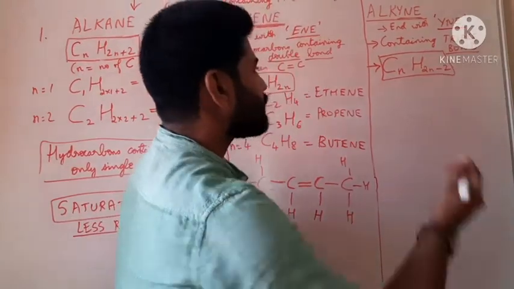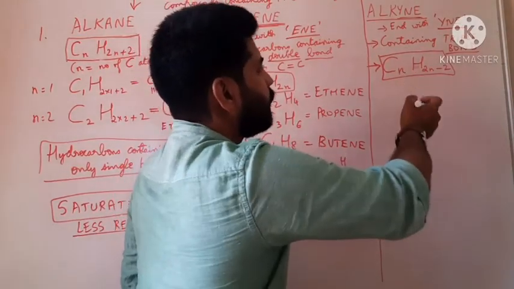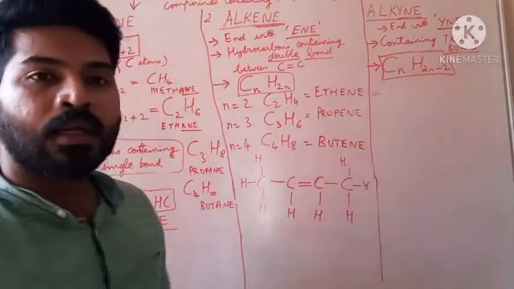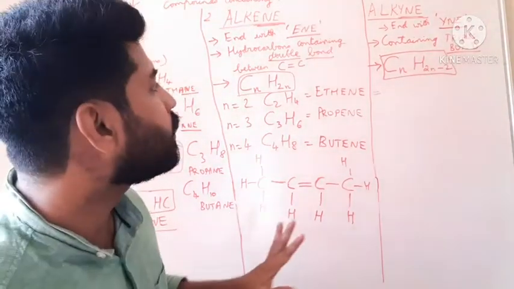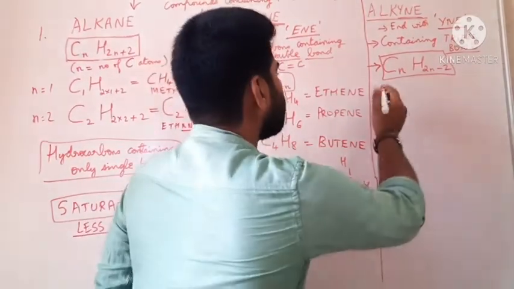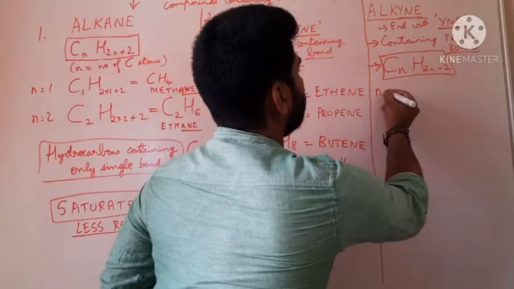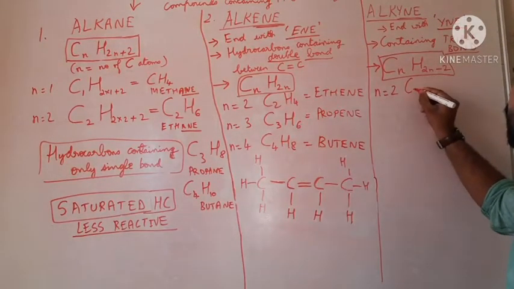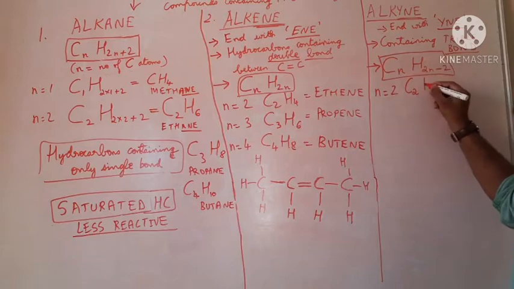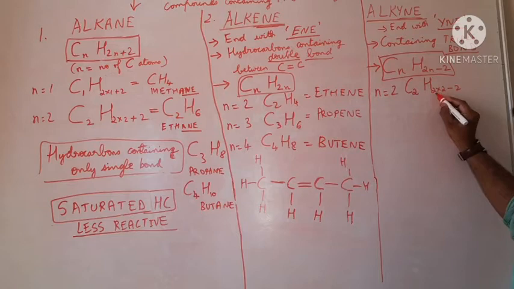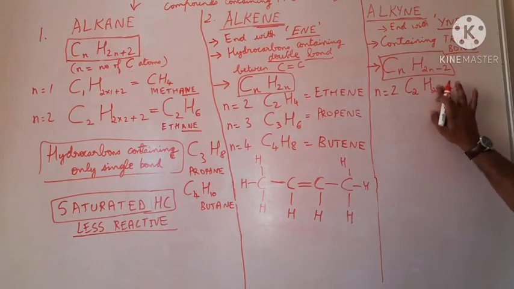As you know, in this case also there should be a triple bond between two carbon atoms, which means the first member is not methyne because one carbon is not possible. So let us start with n equals 2. Then we will have C2H, 2 into 2 minus 2, 2 into 2 is 4, minus 2 is 2.